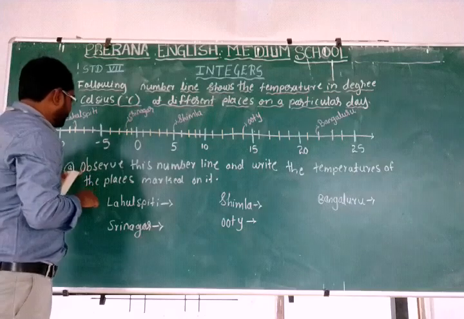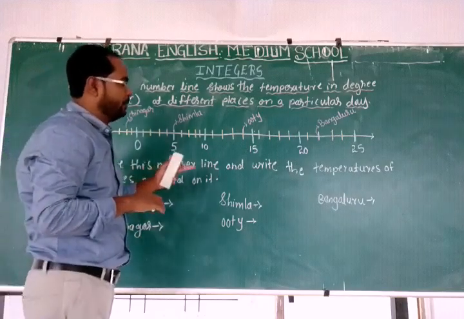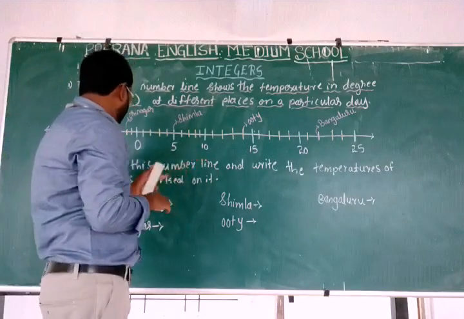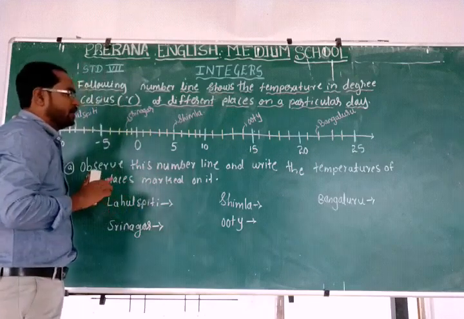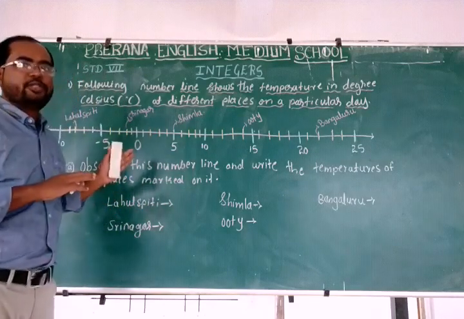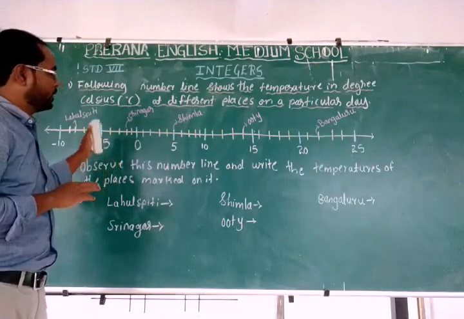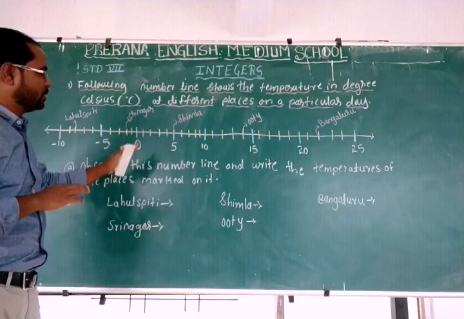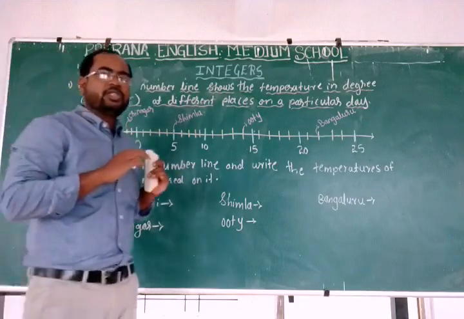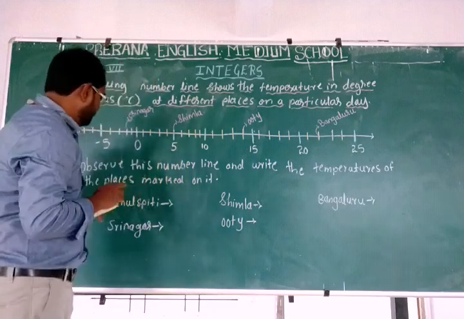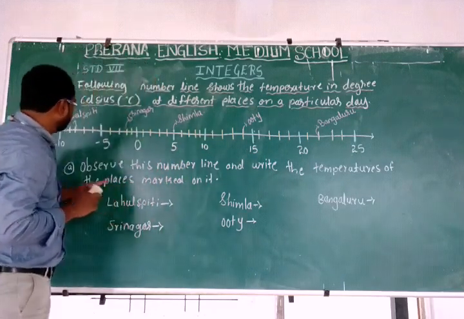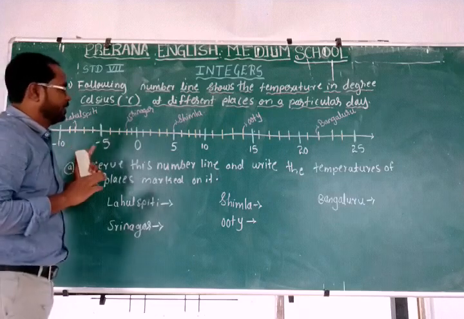So first question is, observe this number line and write the temperatures of the places marked on it. We have to observe and write whatever the temperature of that place is. So first place is Lahuspati. So how much is the temperature here?